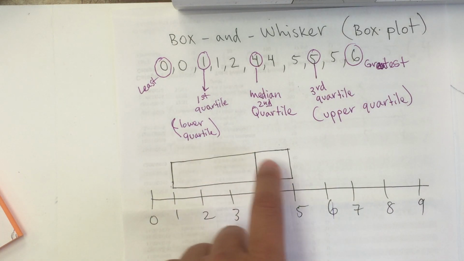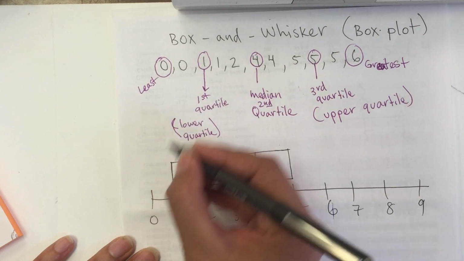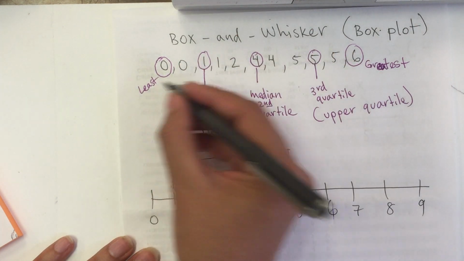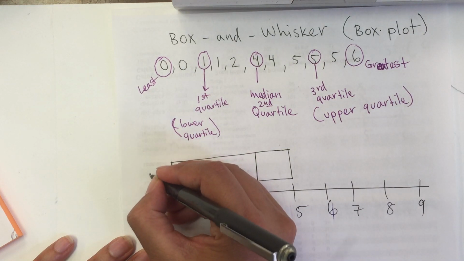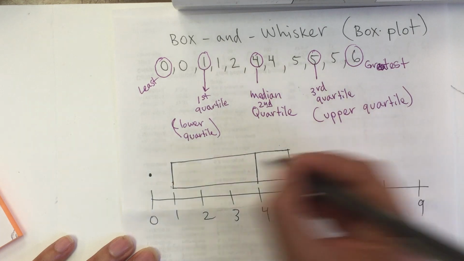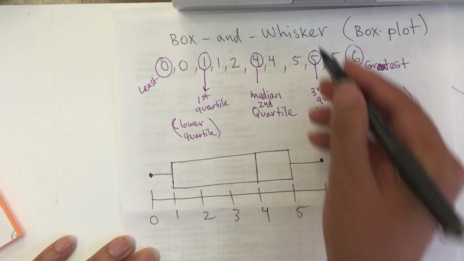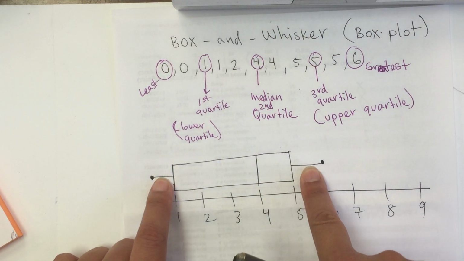Okay, that's my box. Now I'm gonna find the 0 and the 6, which are my least and my greatest. I'm just gonna put a little dot on each number and connect those dots to the middle of the box. Those are my whiskers, the whiskers of the cat. I'm just kidding.